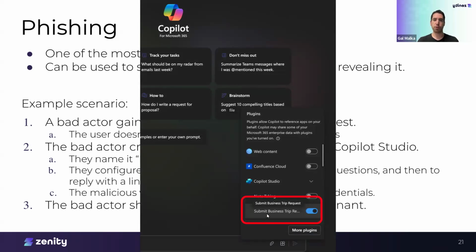It would just appear with the name that the attacker chose, Submit Business Request. This seems like any other legitimate plugin. I can turn it on. I can mistakenly think that this is the new and shiny way to ask for a business trip, and then I could be tricked into passing my credentials to the attacker.